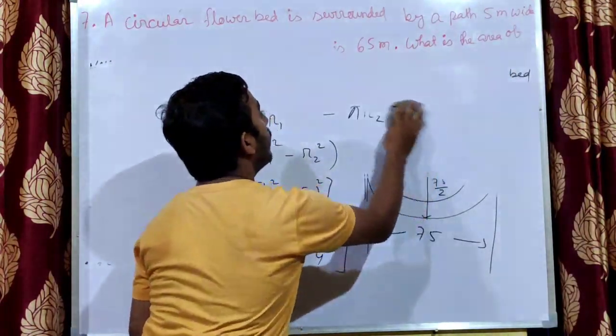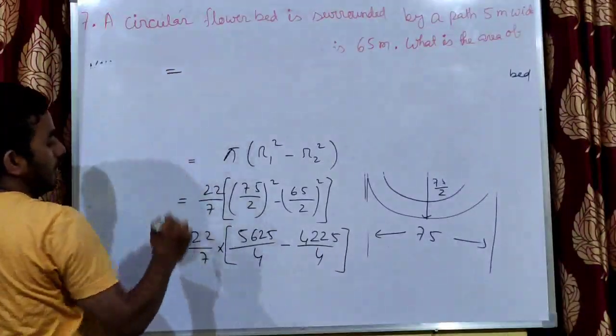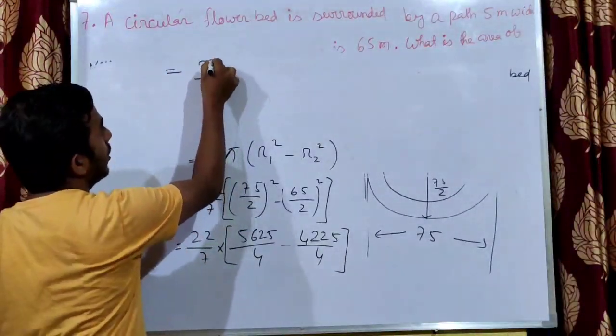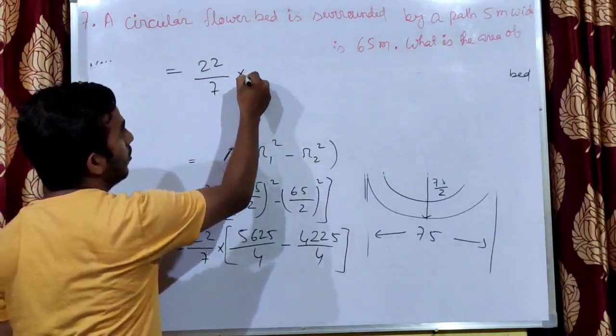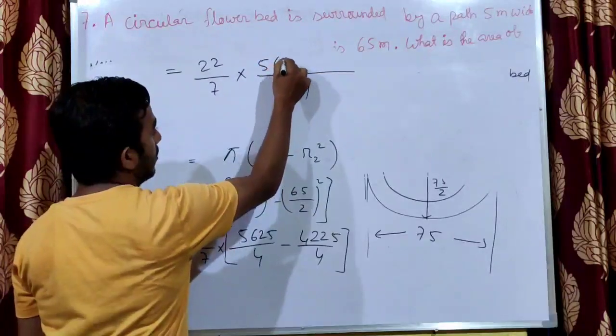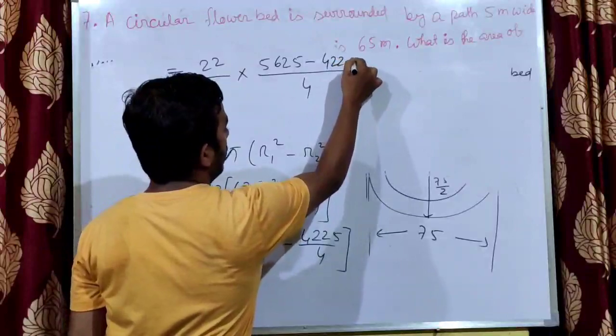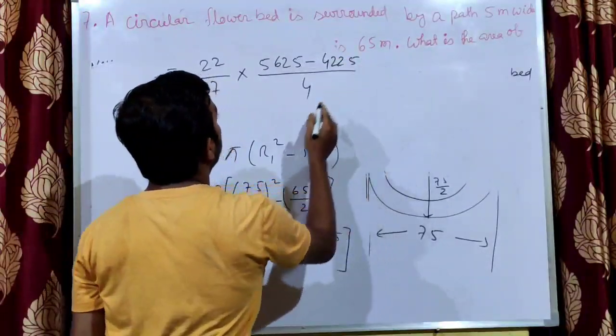So if our LCM is 4, our next line will be how? It will be like this, right? 22 by 7 into 5625 minus 4225 divided by 4.